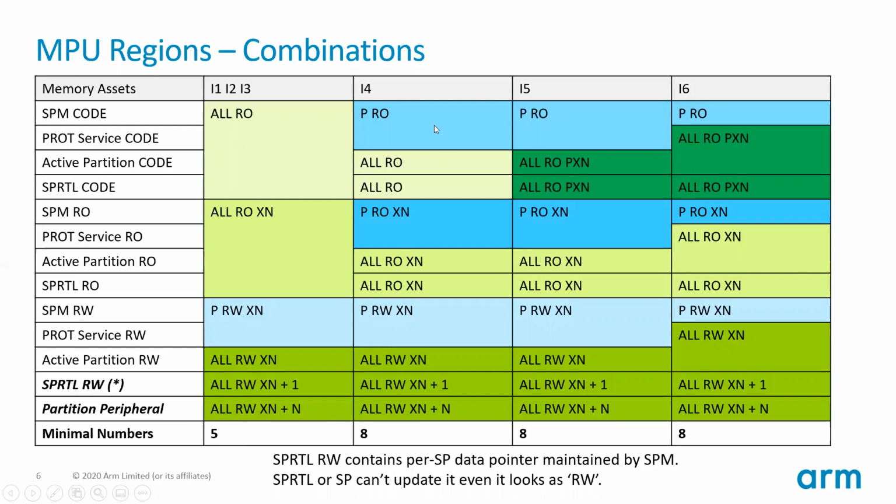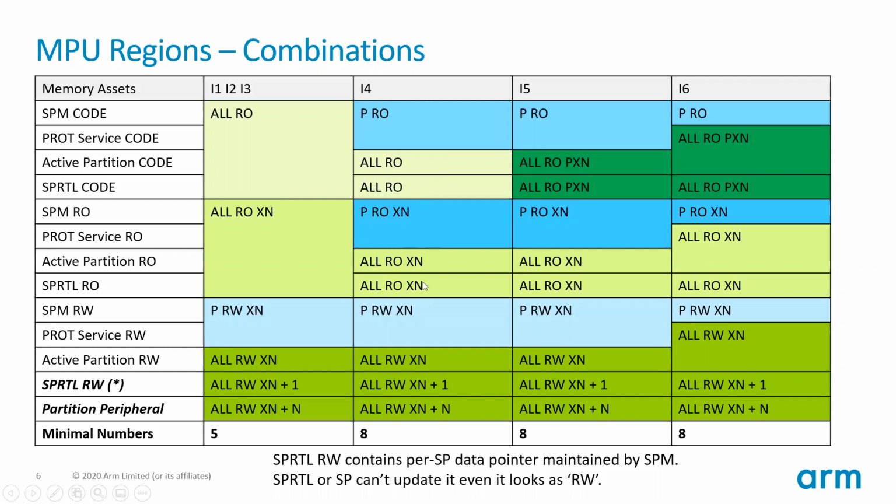So to comply with rule I4, some part is changed. The SPM and payload belong to the same domain, so they can share one region. And the SPRTL and the active partition may not be neighbors, so they are not continuous, and they may need separate regions.